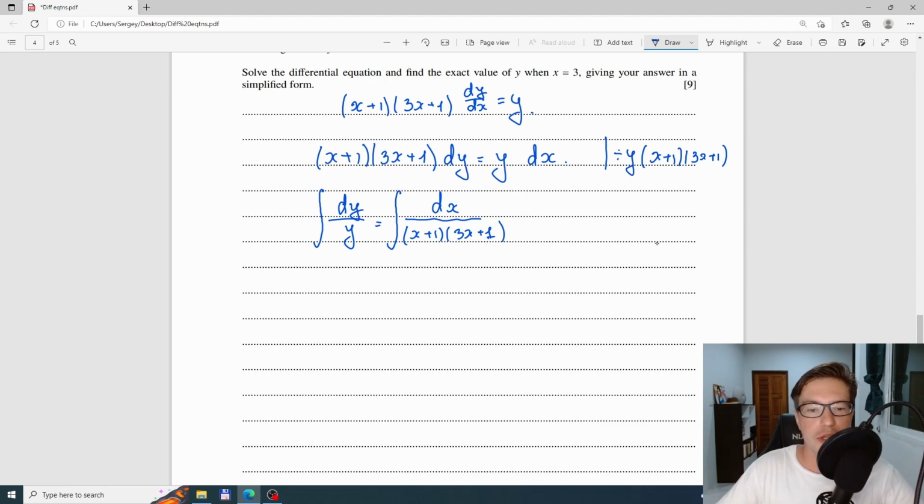Again, on the left, we'll have natural log y, and the right side is a little bit tricky, because we have to integrate a fraction. And before we do so, we'll have to separate this fraction into partial fractions.